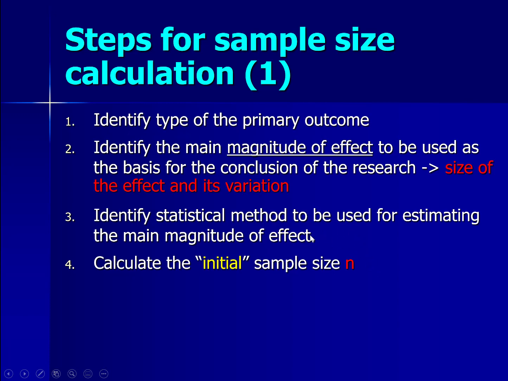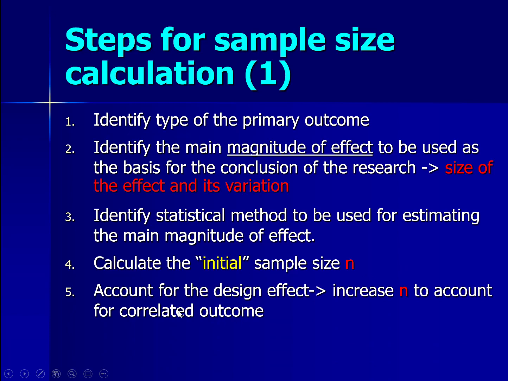So there are hundreds of ways to calculate the sample size based on the statistical method. And then account for the design effect by increasing the sample size to account for correlated outcomes.